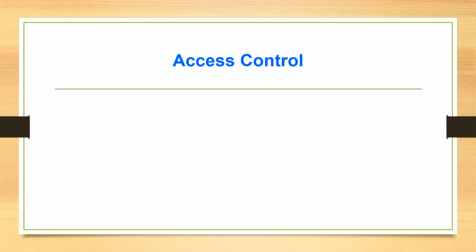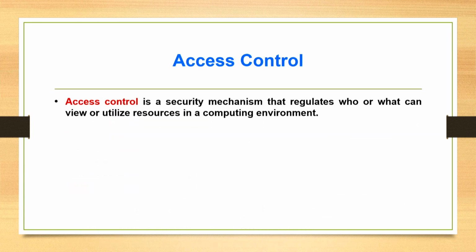Next, I will talk about access control. Access control is a mechanism that regulates who or what can view or utilize resources in a computing environment. Access simply means who can view, who can access it, who can use it.